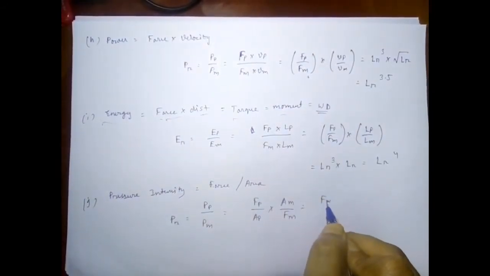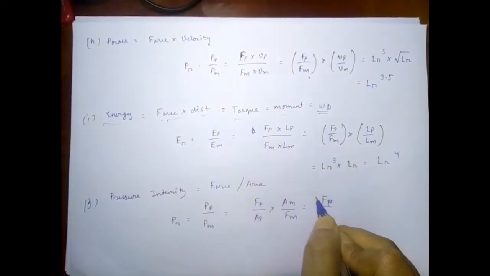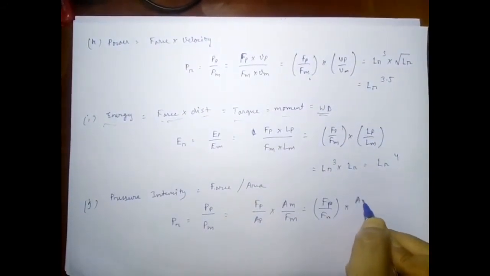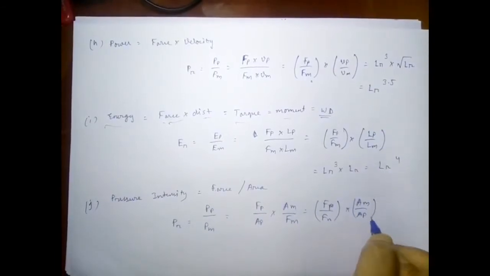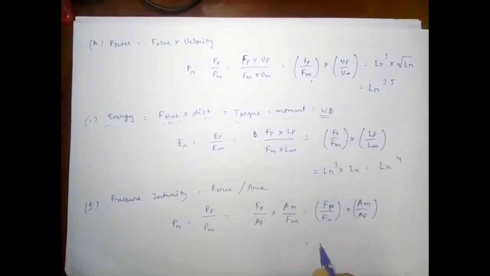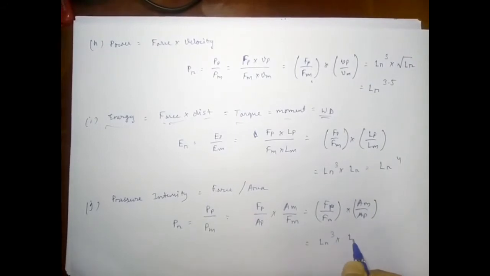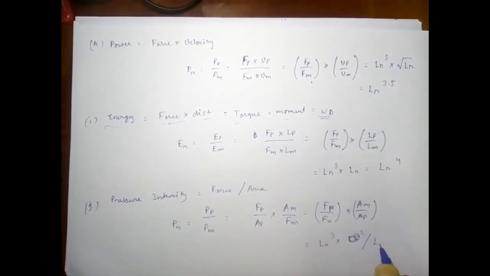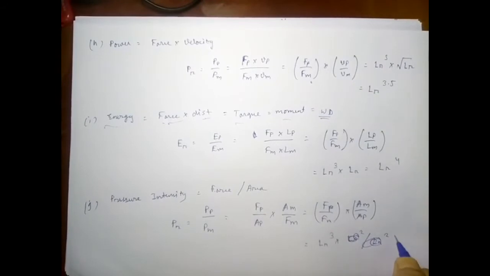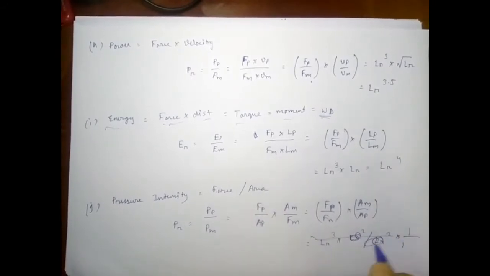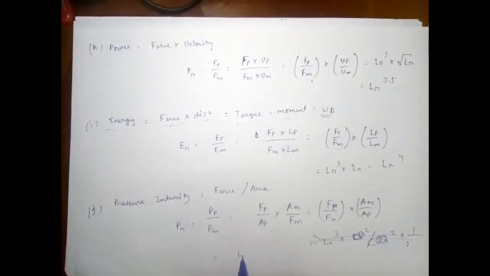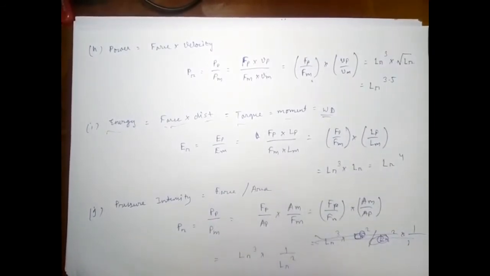So it is equal to Fp upon Fm multiplied by AM upon AP, and it is Lr cube multiplied by 1 upon Lr square. So it is actually equal to Lr.